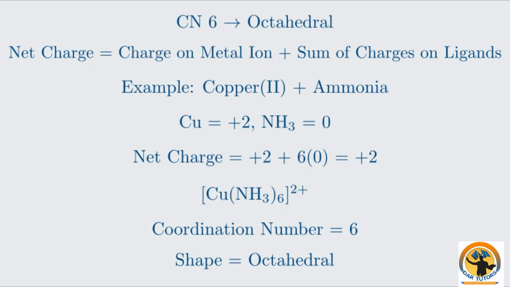We have now defined a complex ion as a central metal cation bonded to ligands via coordination bonds. We've seen how coordination number dictates the shape of the complex and how to calculate its net charge from the charges of its components. Beyond simple monodentate ligands, there are more complex types. Our objective here is to introduce polydentate ligands, also known as chelating agents.